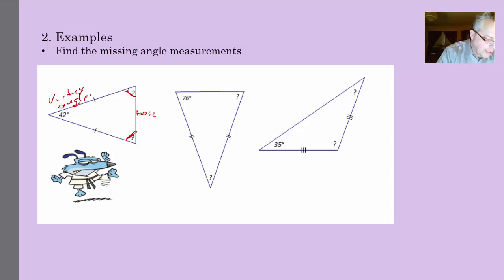So 180 minus 42 equals 138. Then I divide that by 2 because these two angles add up to 138, and they're equal. So 138 divided by 2 is 69.